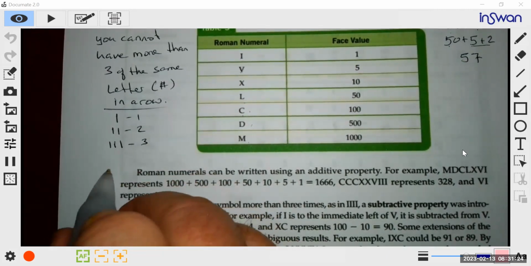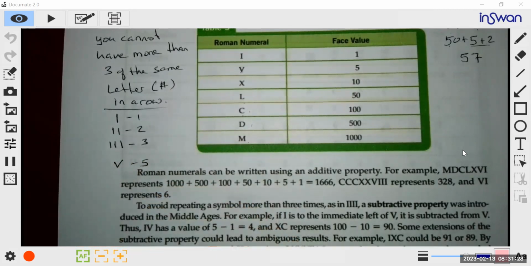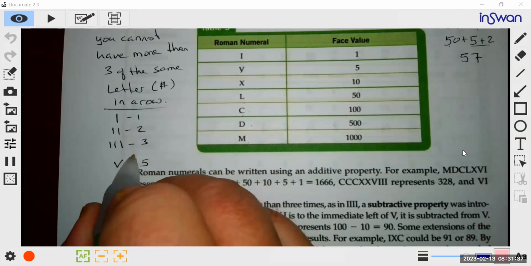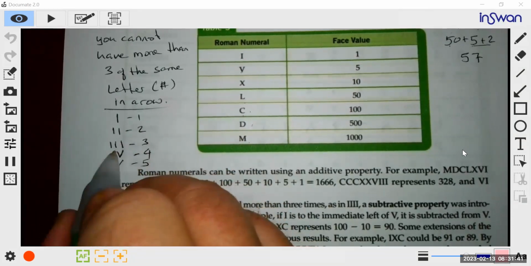Okay, let me skip a space. And that's the number 5. You will never see 4 hash marks in a row. But what you will see to represent the number 4 is IV.